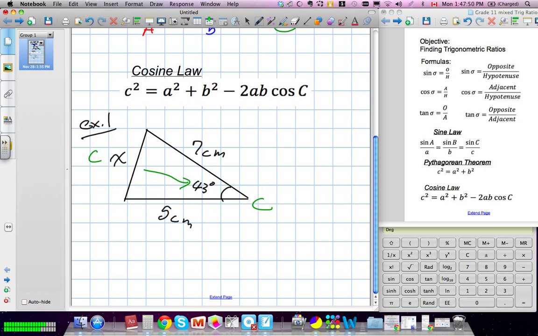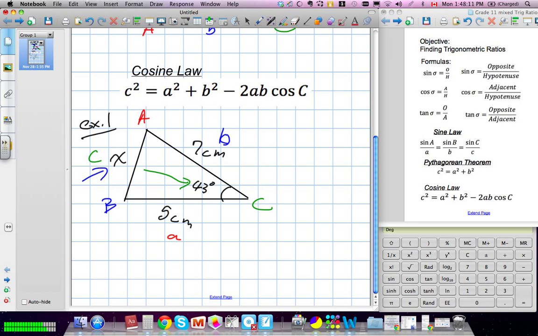I'm just going to call this angle A, so that means this becomes side A, and angle B, side B. Okay? The reason I did it this way is I want my side C to be the side I'm solving for. So now that we have this information, we're going to plug it into our formula.